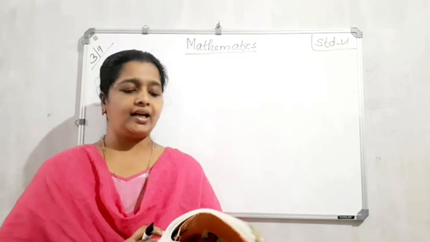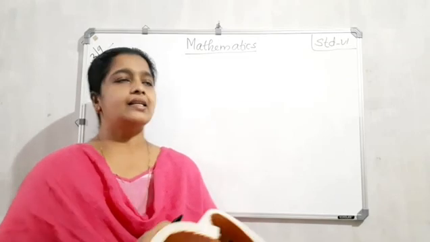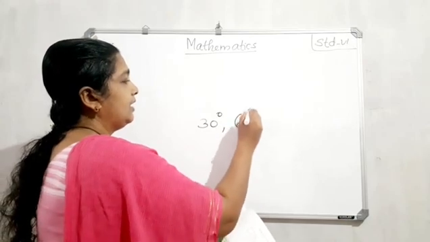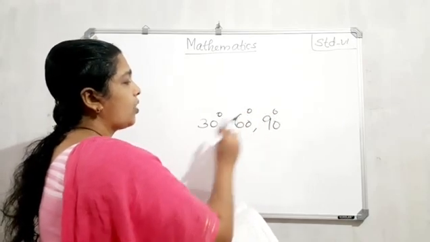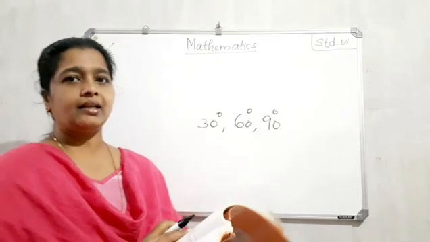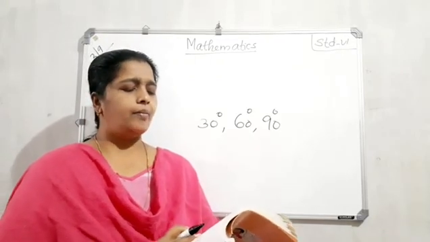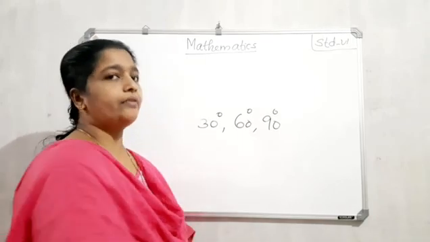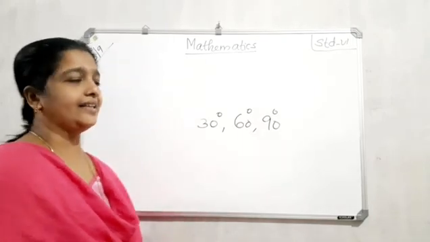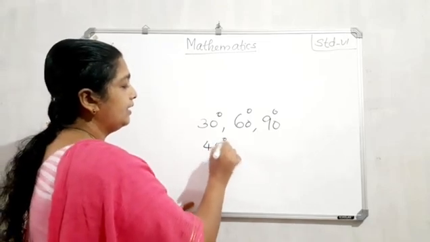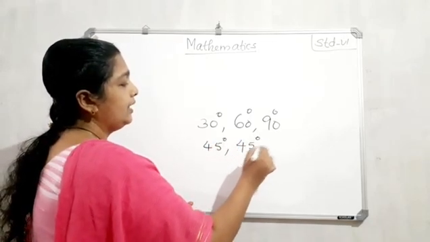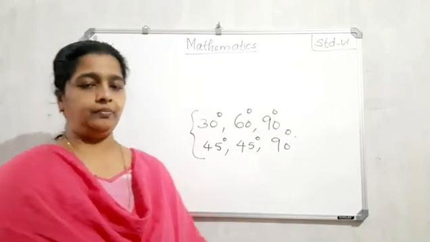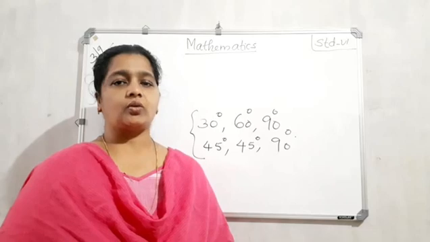So one set square has 30 degrees, 60 degrees and 90 degrees, total 180 degrees. Clear? The other has 45 degrees, 45 degrees and 90 degrees. These are the measurements of the 2 set squares.